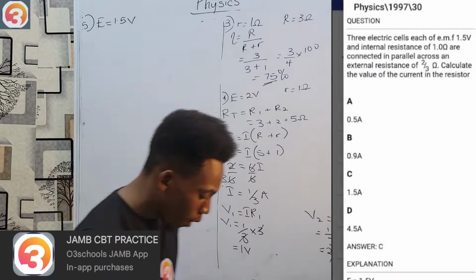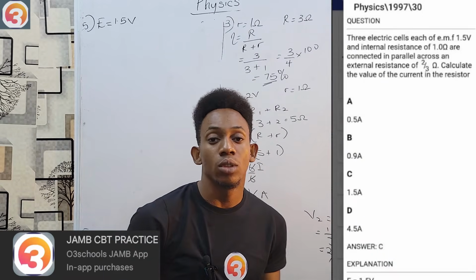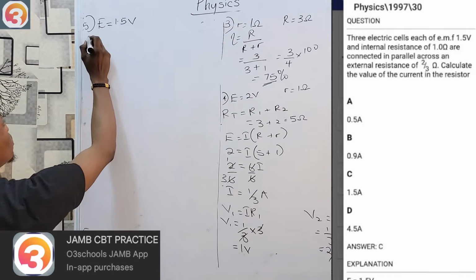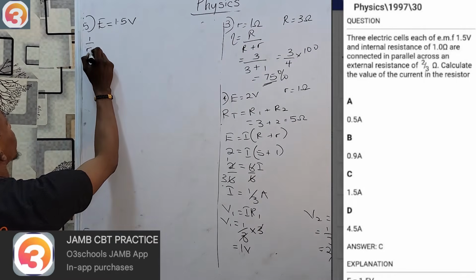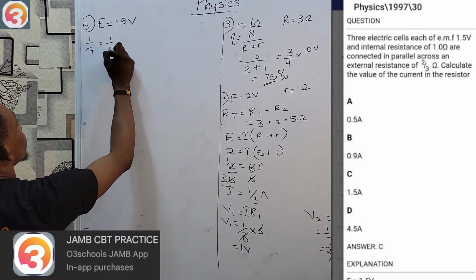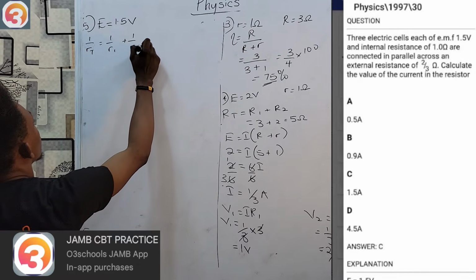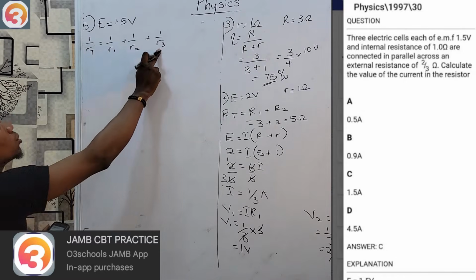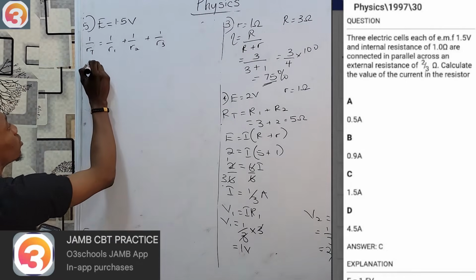Easy. However, they have internal resistance as well. And internal resistances are all 1 ohm. And because it's a parallel connection, I know that it will be 1 over r1 plus 1 over r2 plus 1 over r3. Remember, we use small letter r because we are dealing with internal resistance.